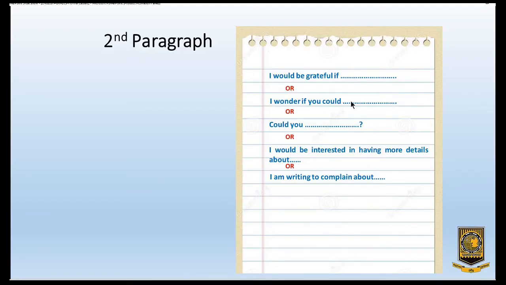I wonder if you could send us the leaflet and the schedule, like that. Could you? I would be interested in having more details about. I'm writing to complain about. These phrases I have included here as a guideline for you to use when writing the letters. But you can't use all of them. Select the suitable ones and write the letter.